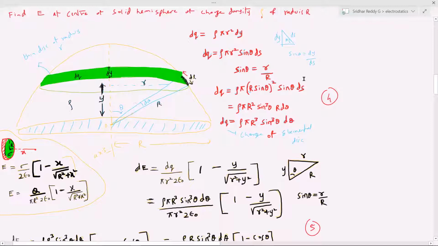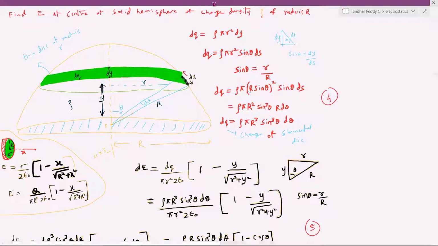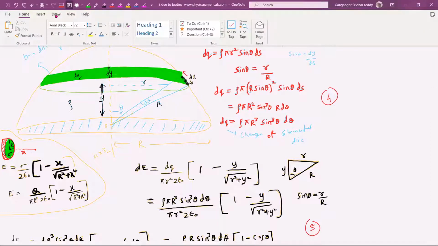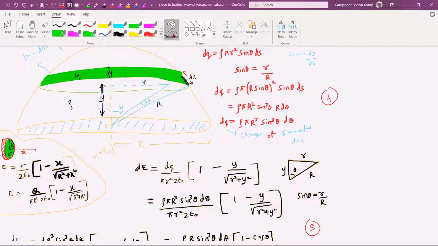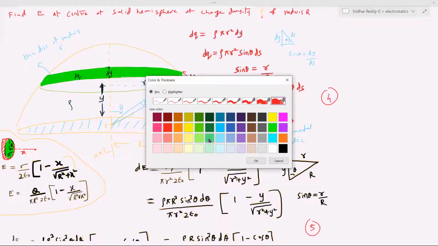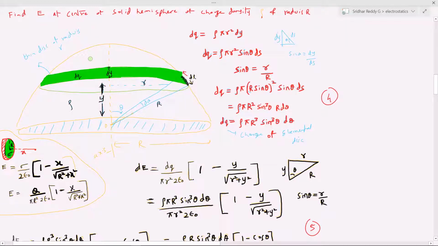Now we have to find out the electric field at the center of a solid hemisphere of charge density rho and radius r. Let me bring the pen.